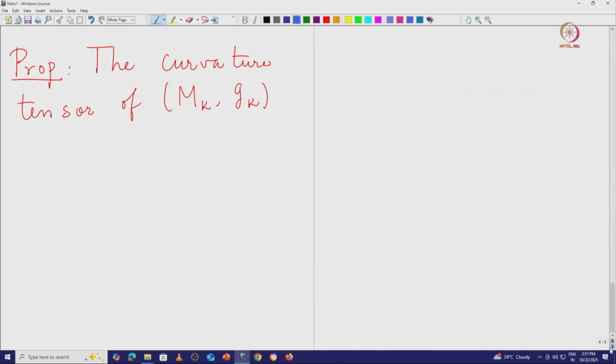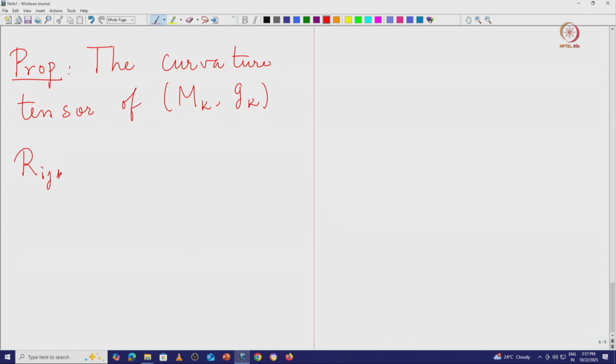So one of the reasons they are called model spaces will be clear in the next lecture, or maybe a couple of lectures down the line, when we discuss sectional curvature. But one of the nice things about these model spaces is that their curvature tensor has an explicit formula.